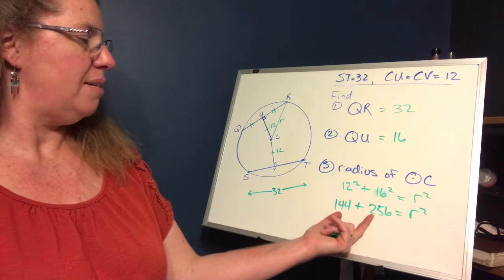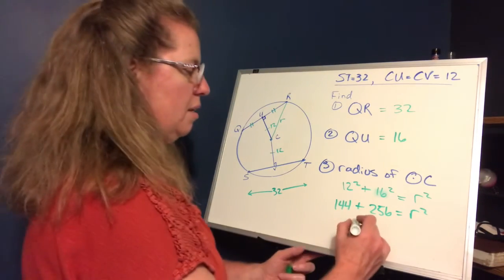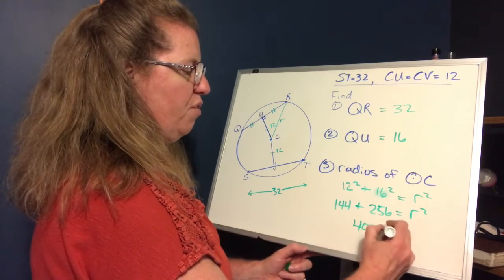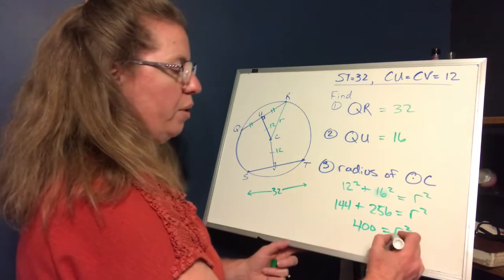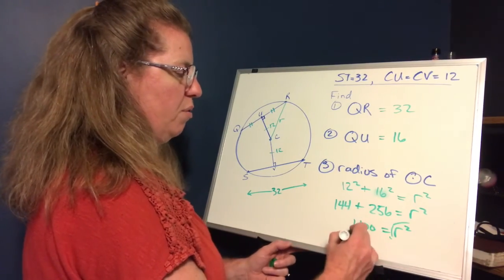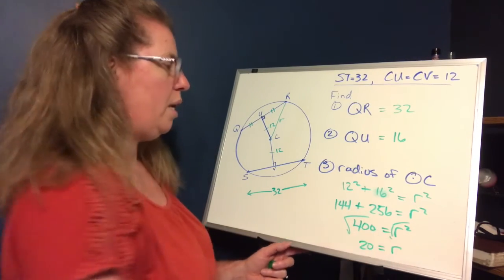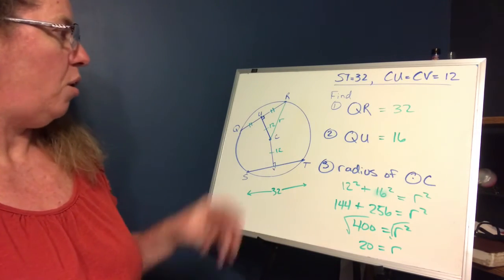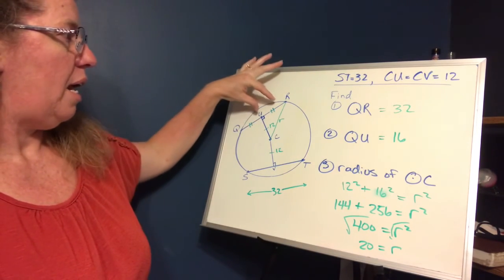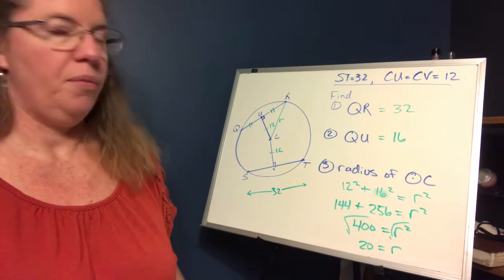When we add these together, 144 plus 256 adds up to 400. They give us a nice number this time. And we find R squared. We take the square root of both sides so that R equals 20. We actually can find the radius of our circle when we know the distance and half of the chord there. All right, good job.